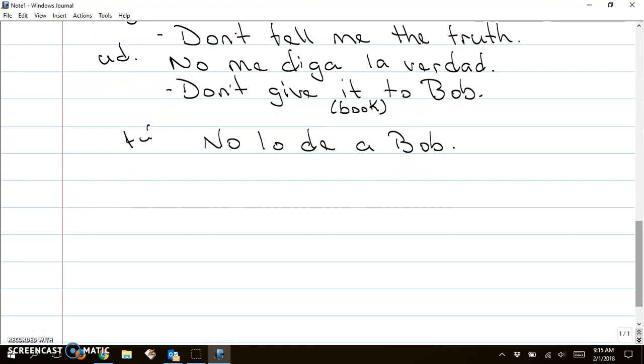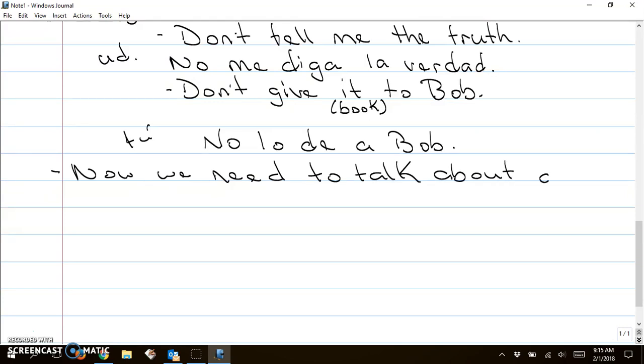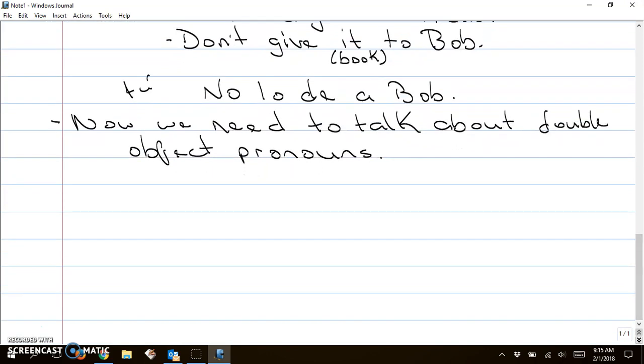Now we need to talk about double object pronouns. So this is when you have maybe a reflexive and a direct, or a direct and an indirect working together.